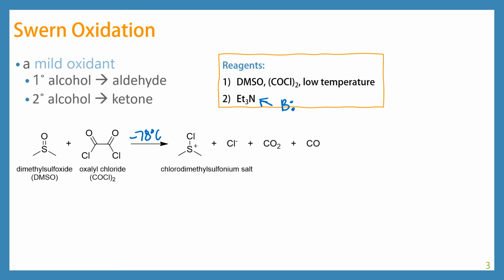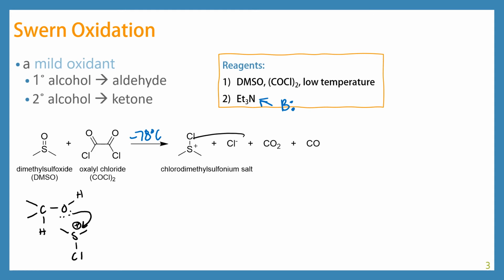So the DMSO and the oxalyl chloride react to create the chlorodimethyl sulfonium salt. And this is what is actually attacked by the alcohol oxygen. So I'm going to go ahead and draw this out for you. So the oxygen is going to attack the chlorodimethyl sulfonium salt.